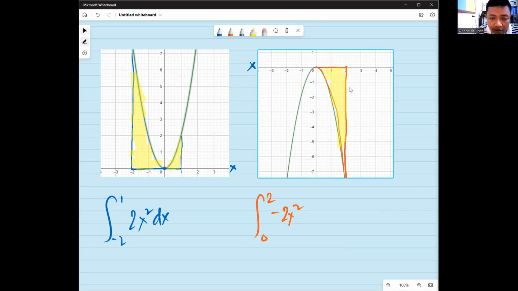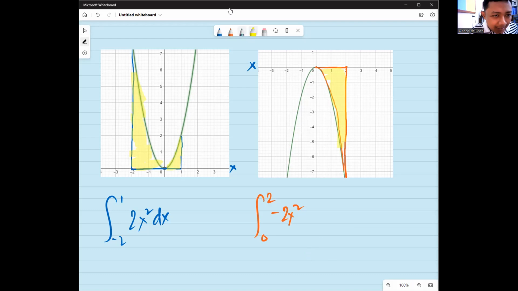Can we consider this shaded part, this orange shaded part, or this part? The second example, can we consider this? Again, the note, it should always be bounded by the curve and the x-axis, but it should be above the x-axis. Can we consider this area? It should be above the x-axis. Yes or no? I want you to focus with this one.